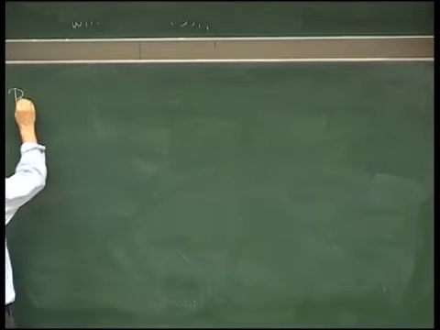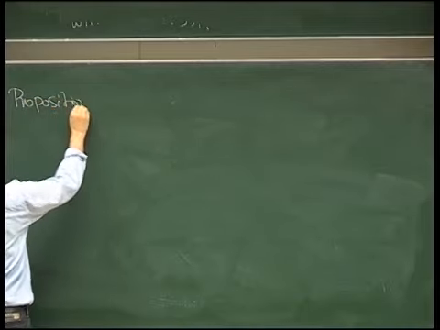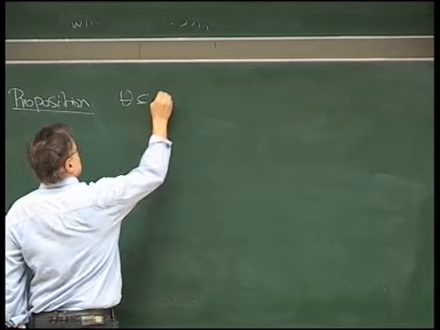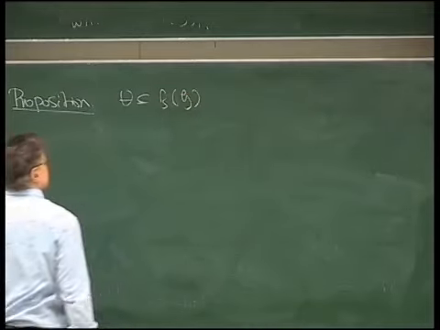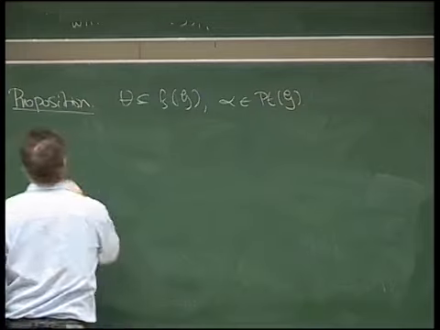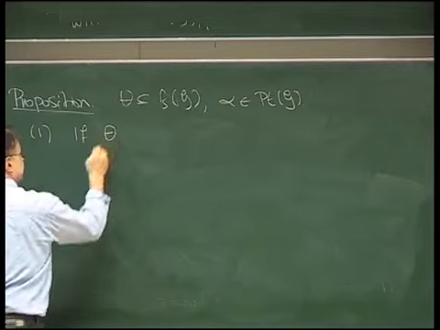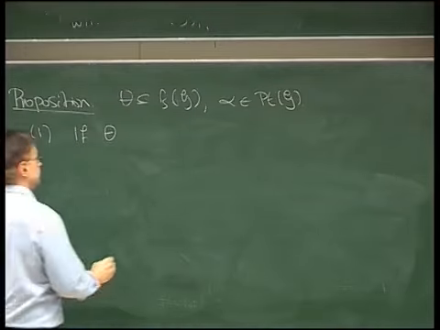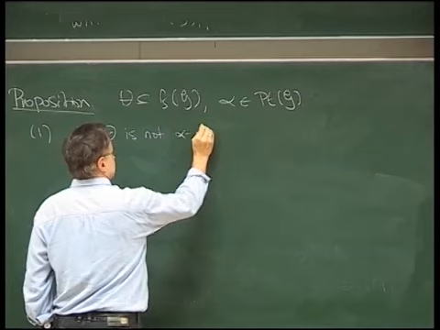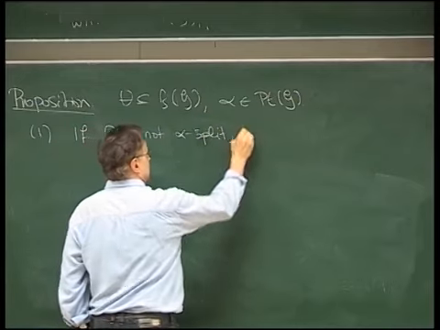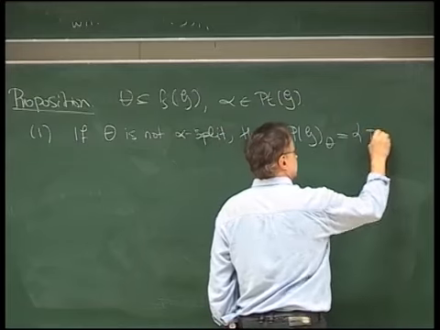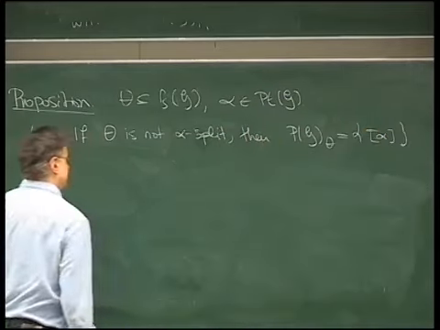Okay, so here is the proposition that relates this to our p-support. So you have a component theta and a p-point alpha. The first statement tells you that not being alpha-split is actually a rare occasion. So if theta is not alpha-split, then the p-support of the component is just a singleton given by alpha.